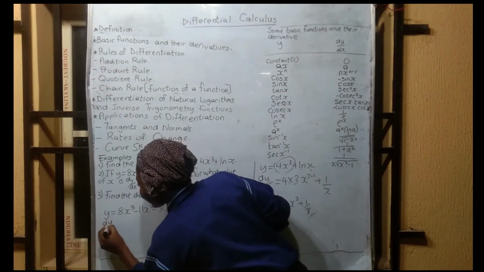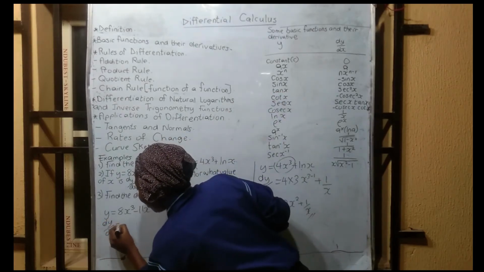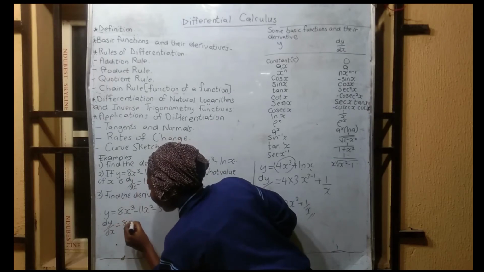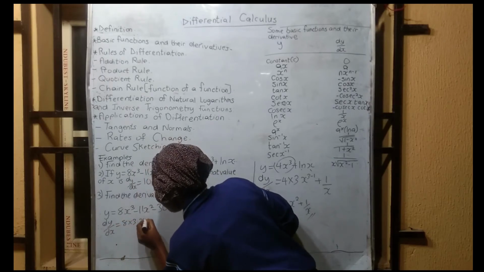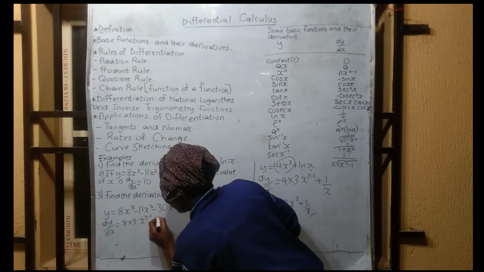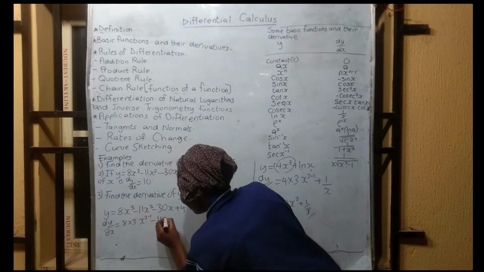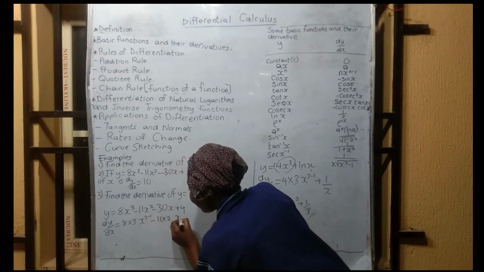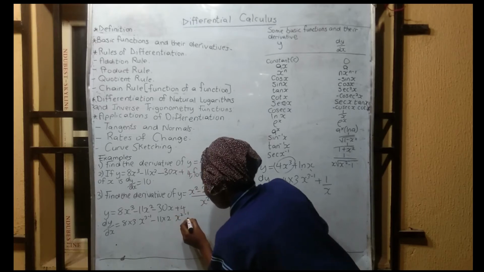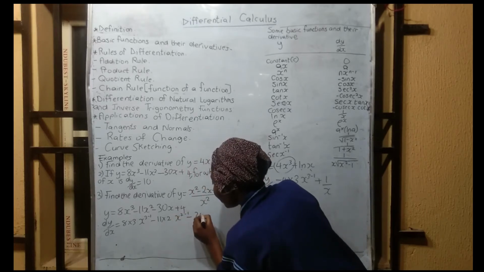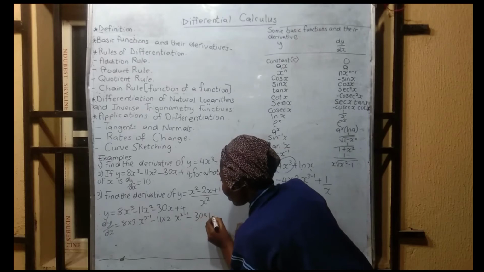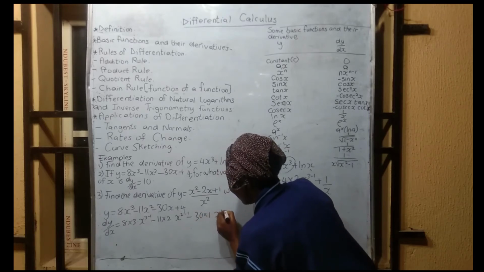So dy/dx equals 3 times x raised to power 3 minus 1, minus 11 times 2x raised to power 2 minus 1, minus 30 times 1 x raised to power 1 minus 1.